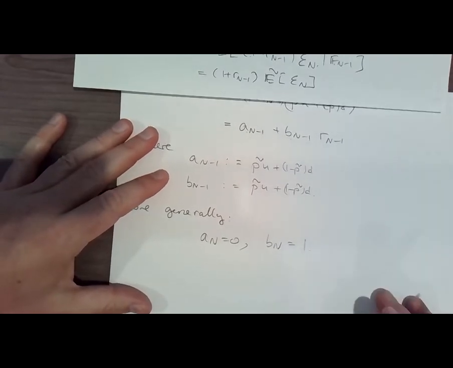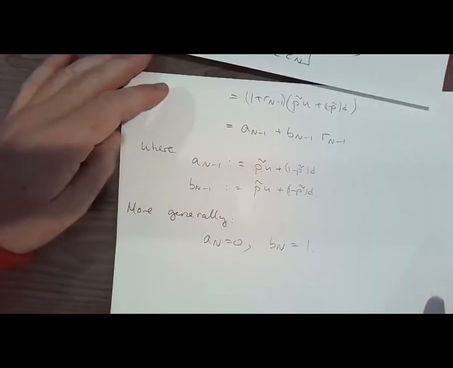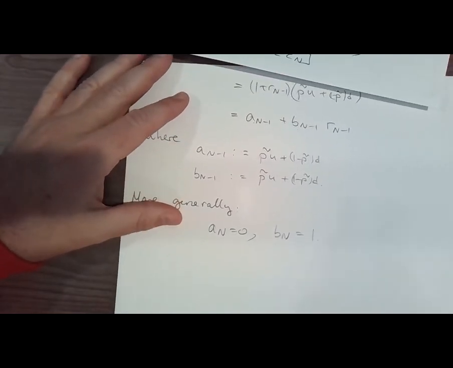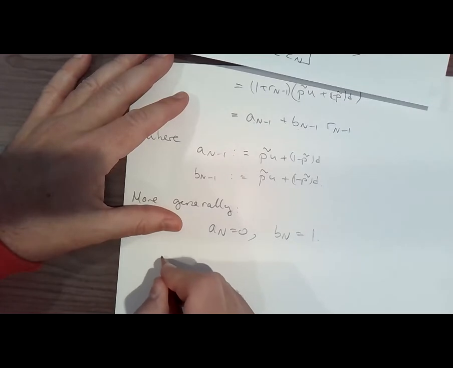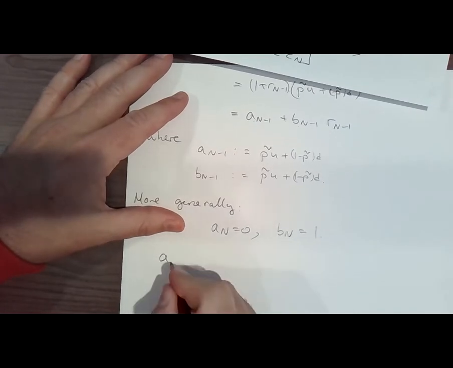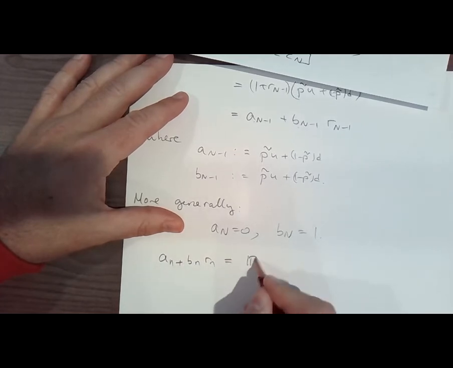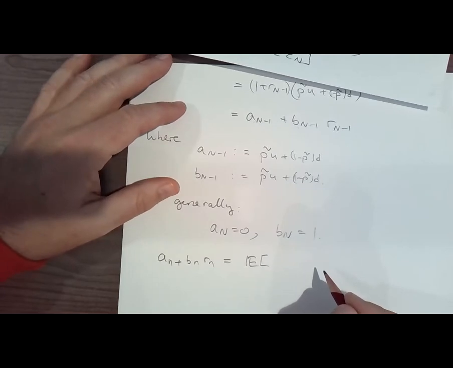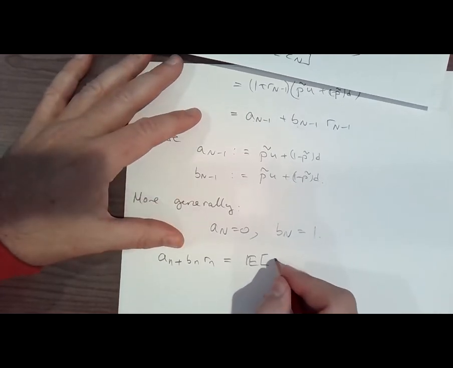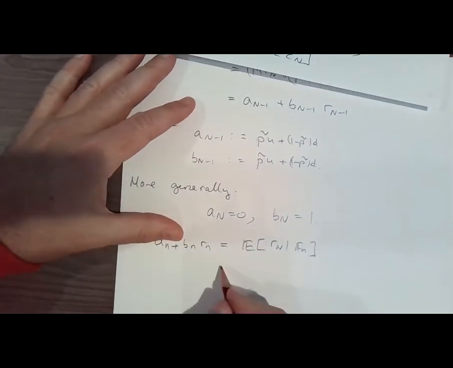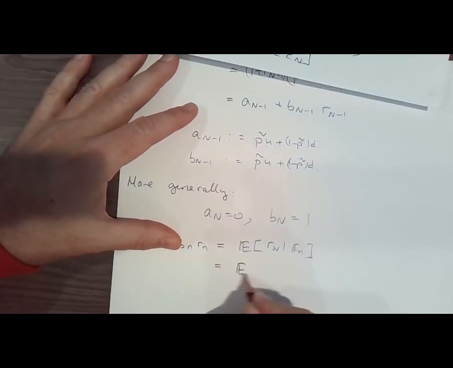And then what do we do at earlier times? Well, at earlier times, it's the usual story. We will have to have that an plus bn rn is equal to the conditional expectation of rn given fn. And then we can use iterated expectations.